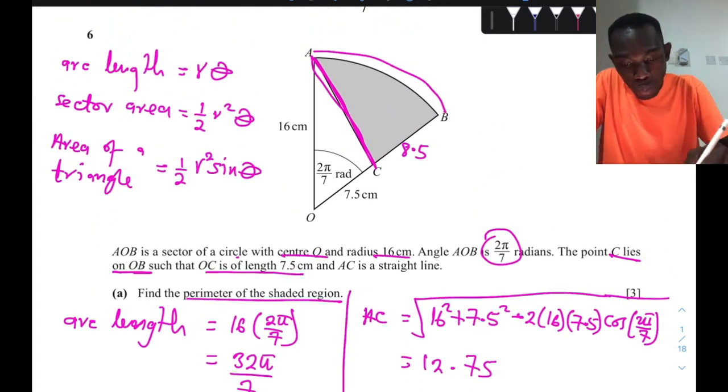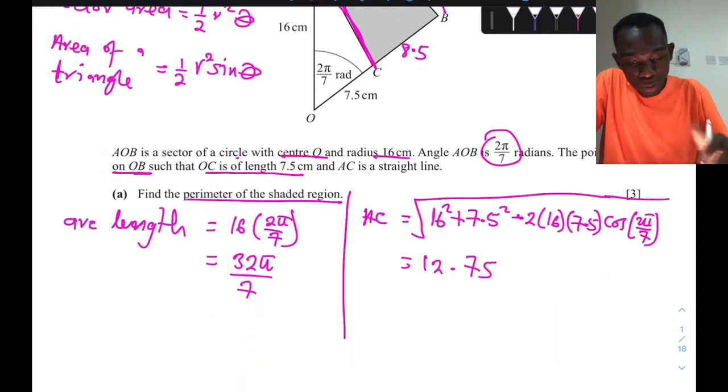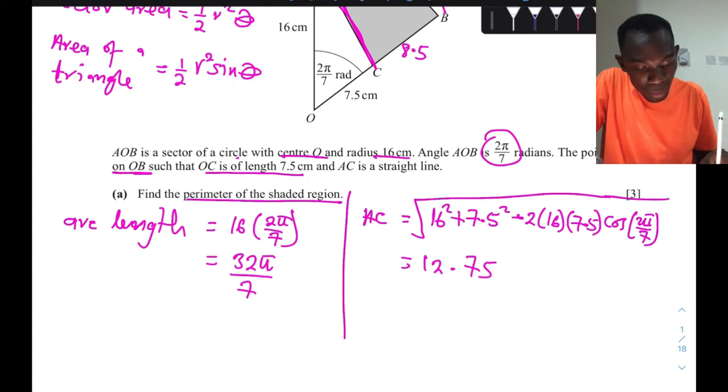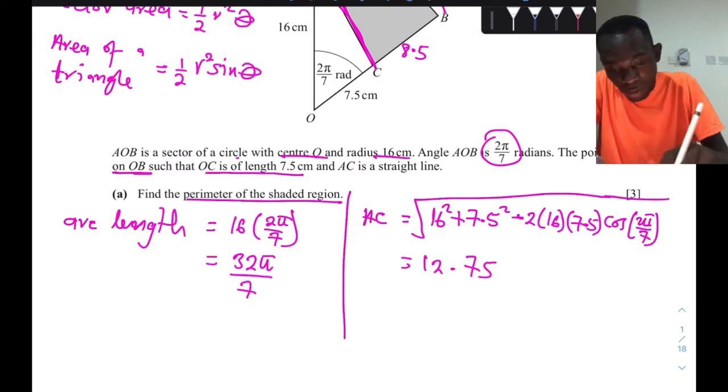Then the last thing that you want to do: we have found the arc length, we have found the AC, so we just have to add it to BC, and then we are done. To answer the question, it says perimeter of the shaded region, right?